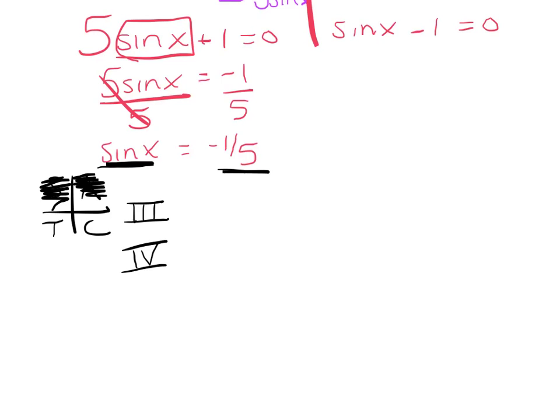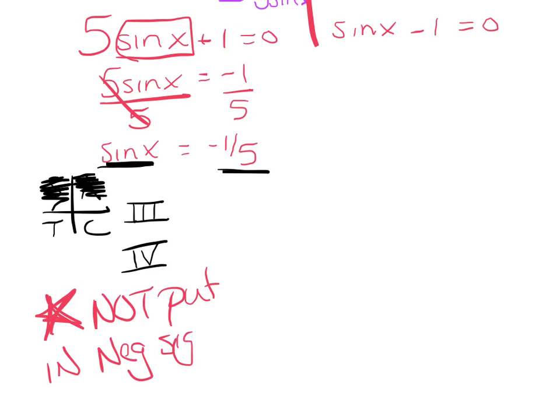Now, I need to go get the reference angle, and we stressed this the other day. Do not put in the negative sign. Okay, so here's what I'm doing on my calculator. I am typing sine inverse of positive 1/5. Okay, the negative sign just tells you the quadrants.